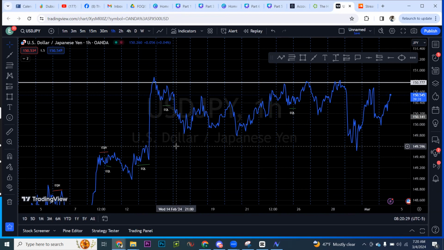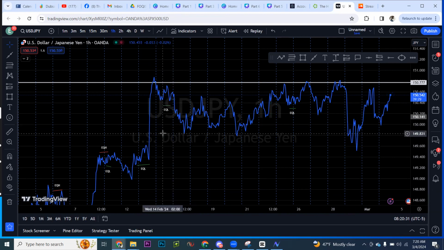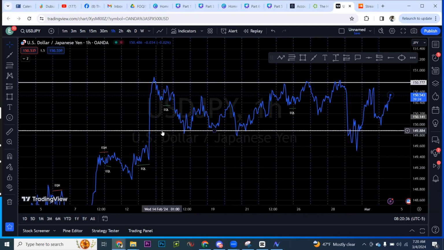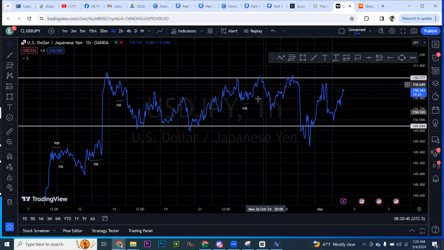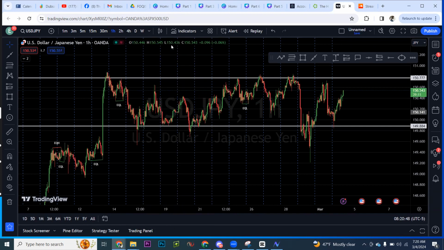This is also ranging. So you see it's sitting right in this area here. So we're ranging from this area to this area. Cool, perfect. Take it off the line chart, put it back on the candles. Now we have our real range of where we're trading within.